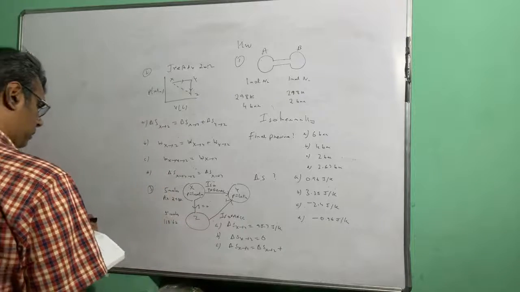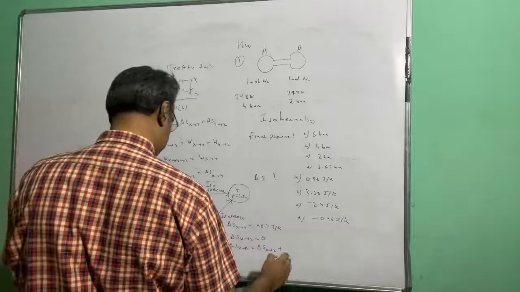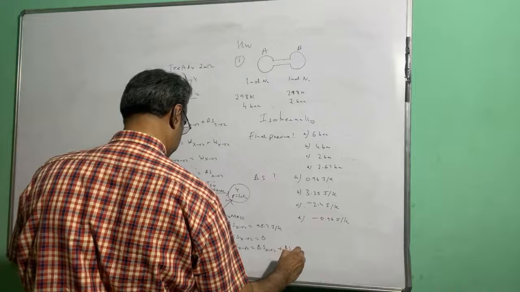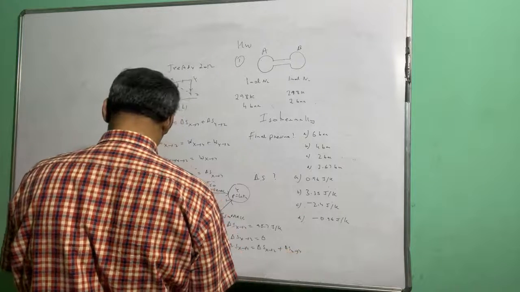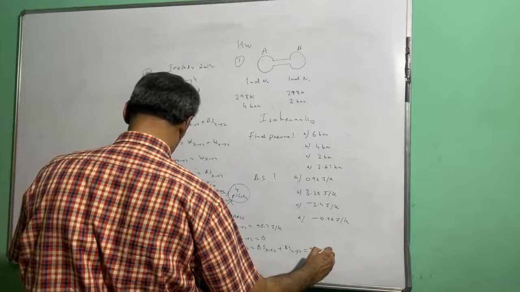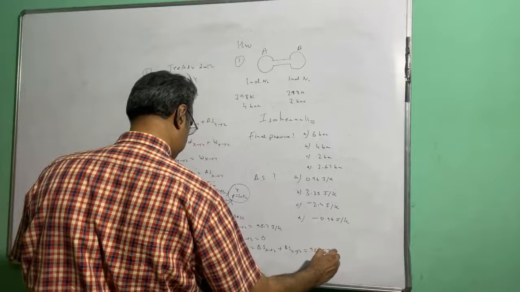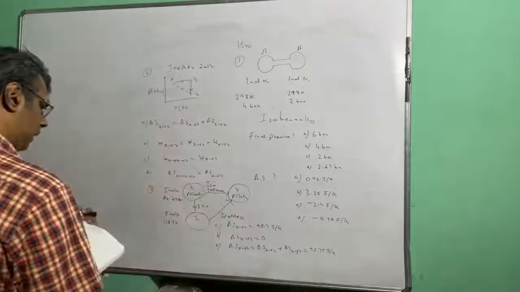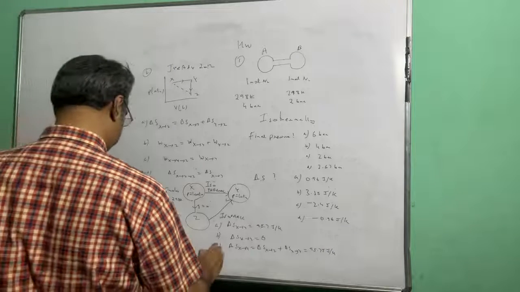Change in entropy X to Y is entropy change X to Z plus Z to Y. That is 95.75 joule per Kelvin.